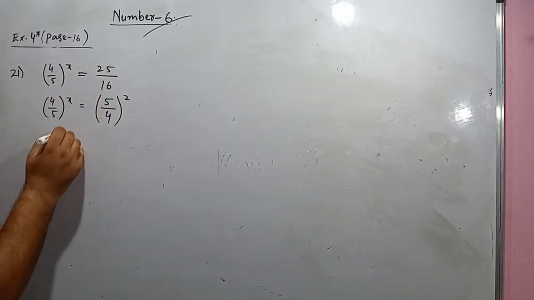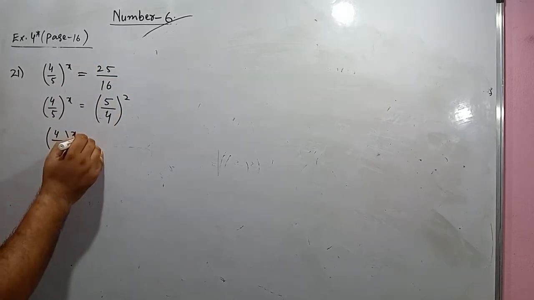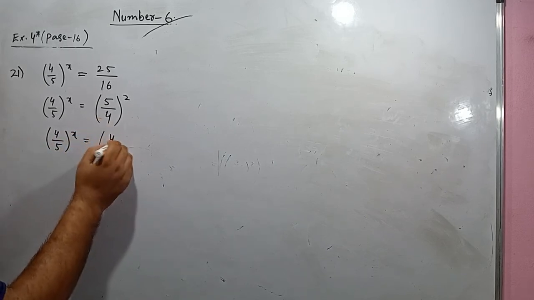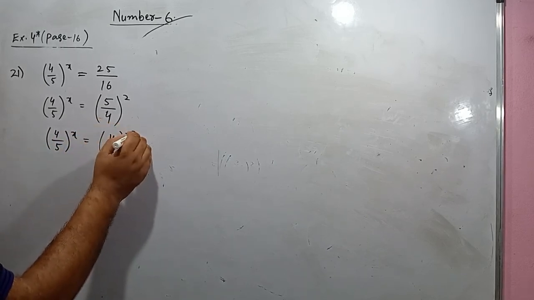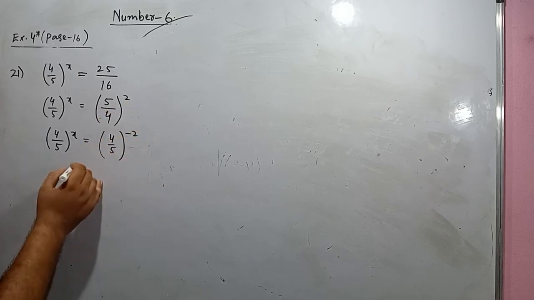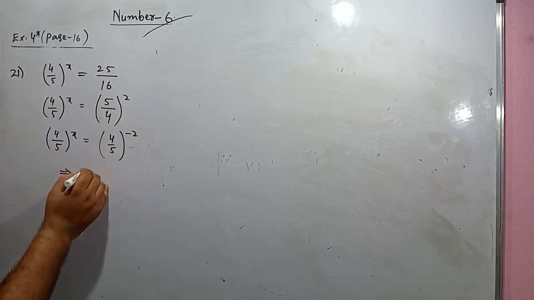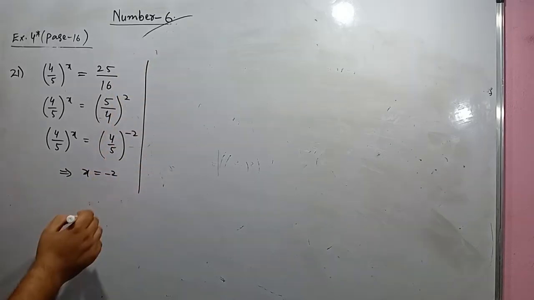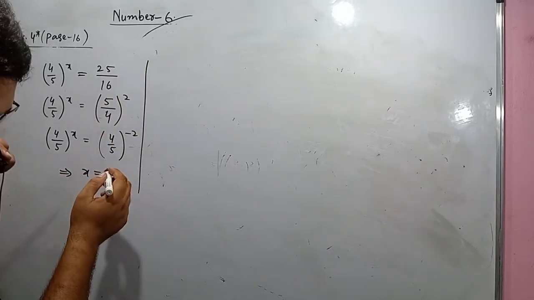That's (4/5) whole power x equals to, here I would like to make it 4/5, the reciprocal of it, so this power will become -2. It implies when bases are same, we are solving for x equal to -2. This is the 21st.